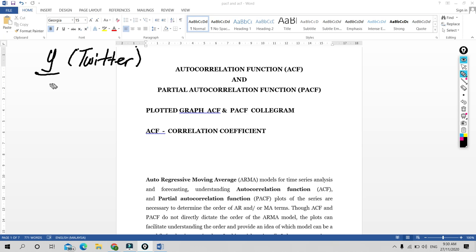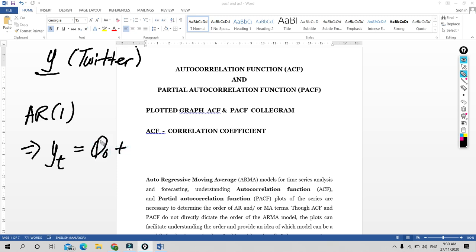So if you want to model this Twitter, if I want to use AR model, let's say I define data of Twitter is Y. You can define data as an X also. So if you want to calculate AR1 model, this basically is Y_t equal to phi_0, the constant, plus phi_1 Y_{t-1} plus epsilon_t.